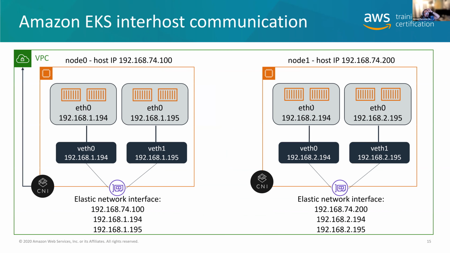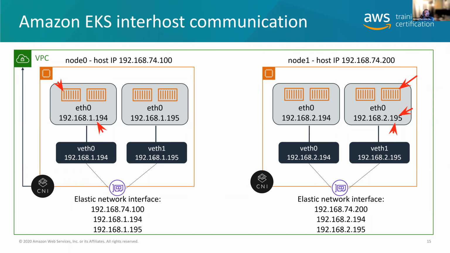Now consider this one where we actually want to talk to another system that's on another host. So let's say this one, as an example, wants to talk to this one way over here. Notice that this is 195. This is a 2.195, and this is a 1.94.